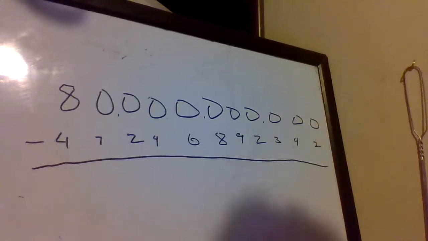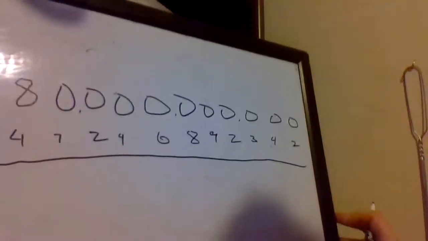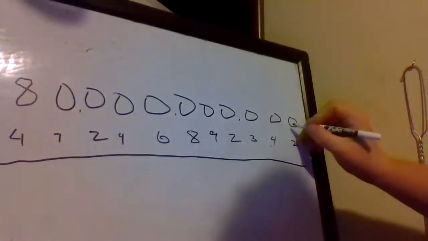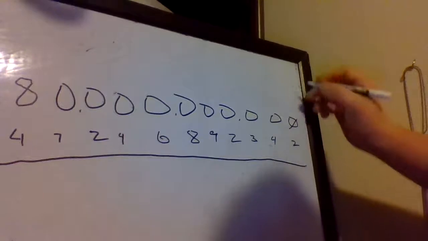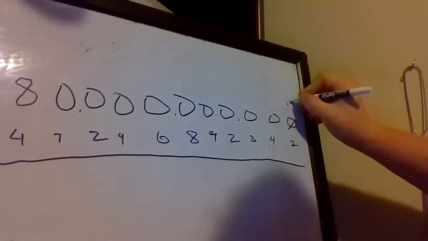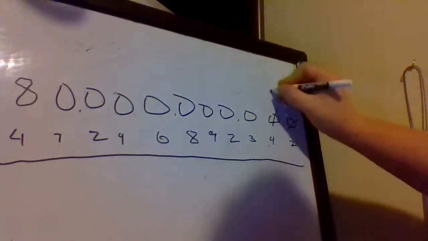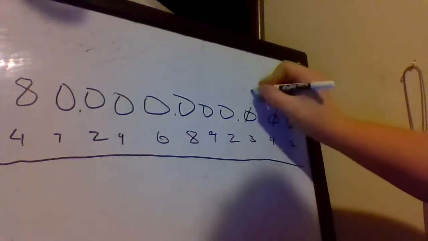Now, I'm going to show you that our rule that we just discovered works for any number. So our first 0 is going to become a 10. Then every 0 before that is going to become a 9.